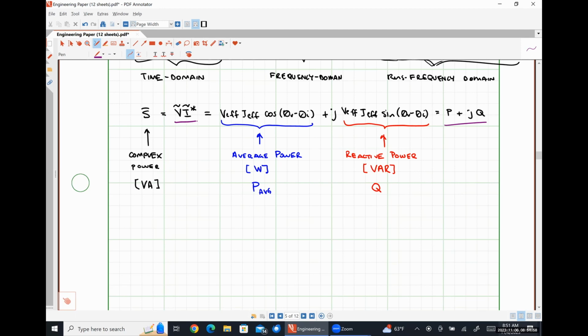So it is completely and utterly pointless to memorize these equations. The only one you need to memorize is that one, and then just understand what part is the real power and what part is the reactive power.